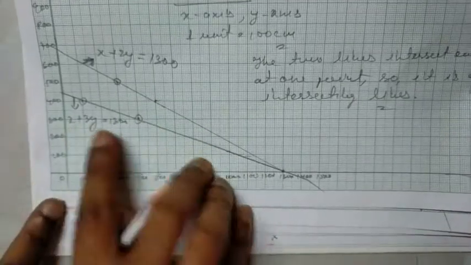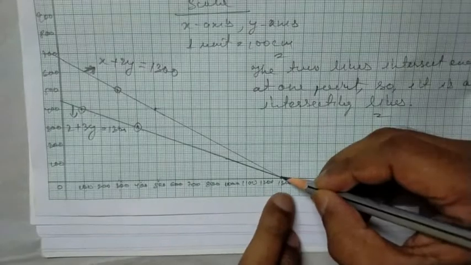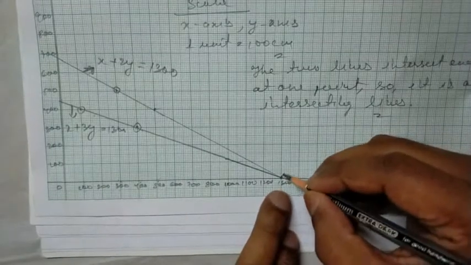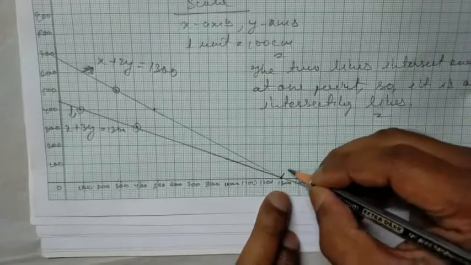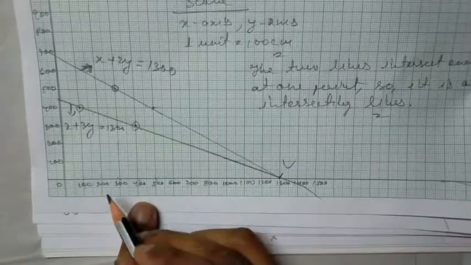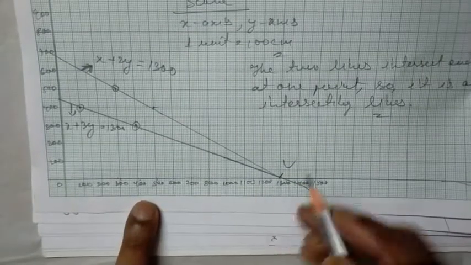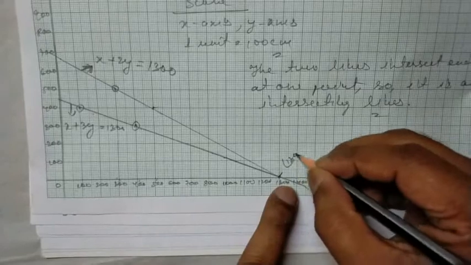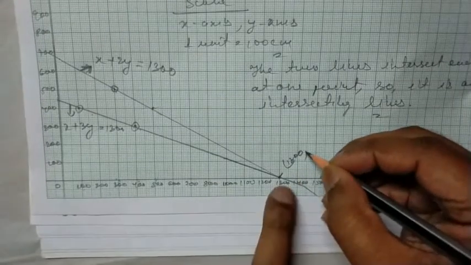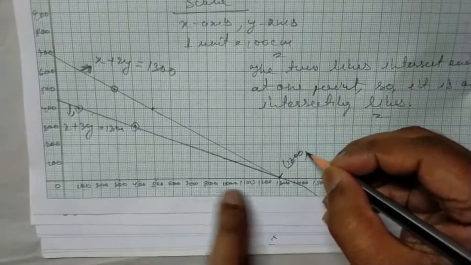When we have joined these lines, we get an intersection. So this is called intersecting lines. Where do we get this intersection? This x value will be 1300 and y will be 0.